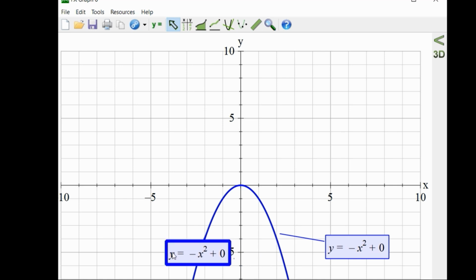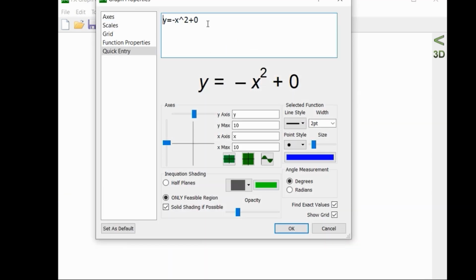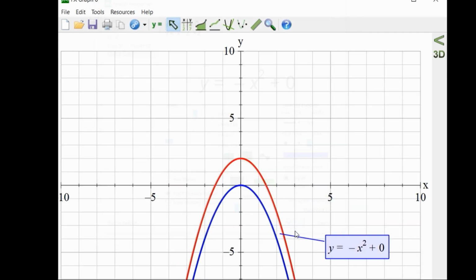However, watch what happens here. Y is equal minus x squared, because those are the ones we're looking at. Suppose I go plus 2. What happens there? Same shape. That's your equation.